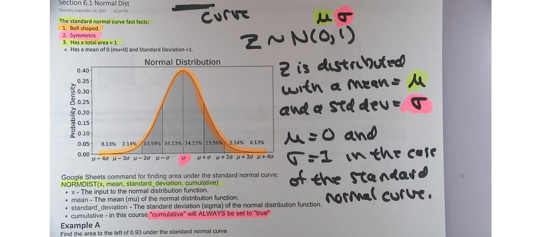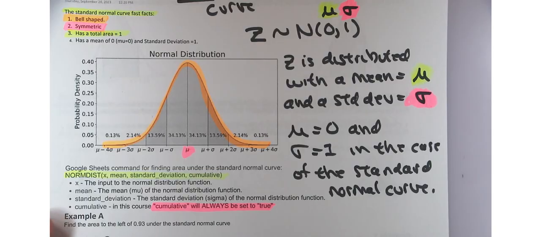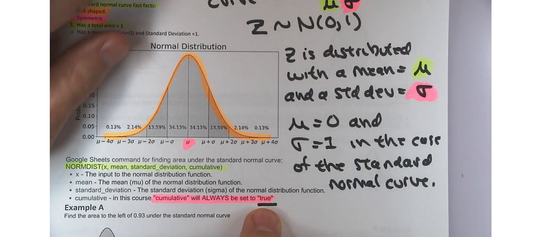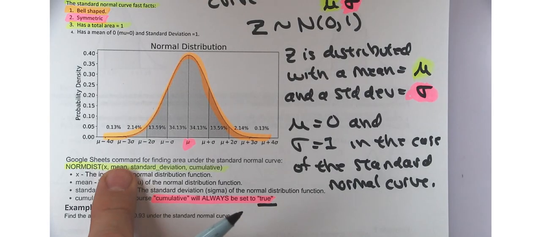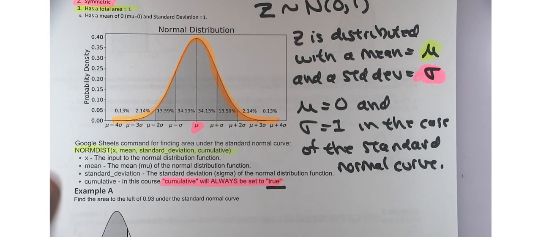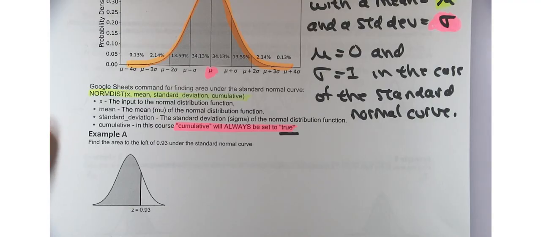Always for this command. You're not going to use false ever. Even if you were to go on and take a degree in statistics, you probably wouldn't use that with false. Maybe there, but in any case, it's just not something we're typically going to do here or worry about in this class. Now this command gives you the area underneath the standard normal curve to the left of a particular point. So that's what we're going to use it for, is finding areas.